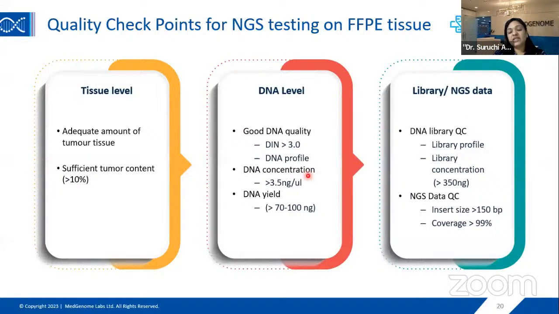And sometimes we have to reject at DNA level only. However, in our experience for lung cancer, most of the rejections happen at tumor content level or amount of tissue. We don't have enough tissue to achieve the required concentration of DNA, or we may not have enough tumor content to proceed with the test.